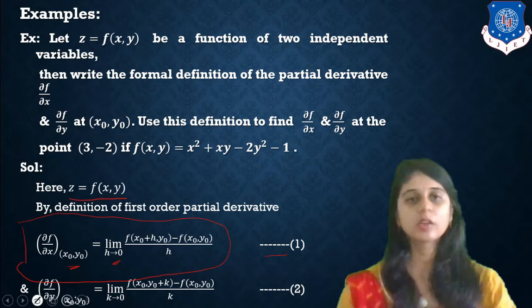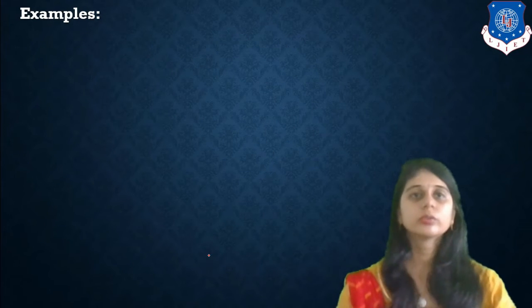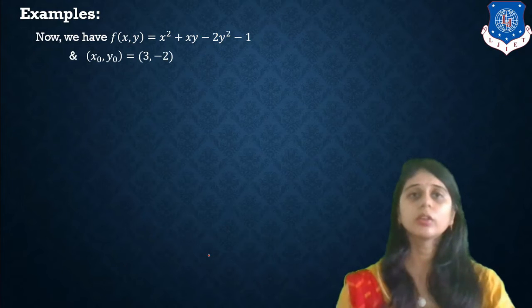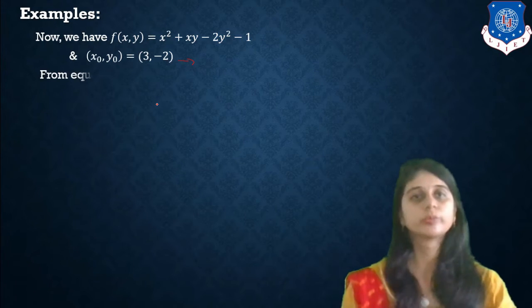And second, del f by del y at x0, y0 is the limit as k tends to 0 of f of x0, y0 plus k minus f of x0, y0, upon k. We call this equation number 2. Now we take f of x, y, that means the function x square plus xy minus 2y square minus 1, and the point is (3, minus 2).